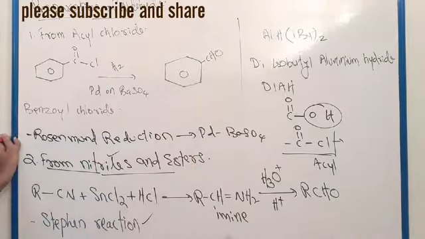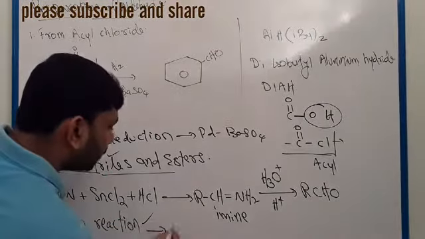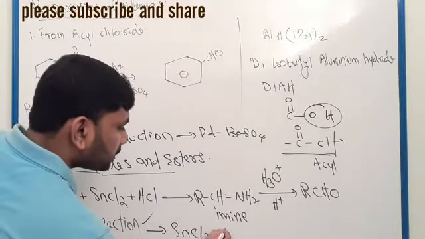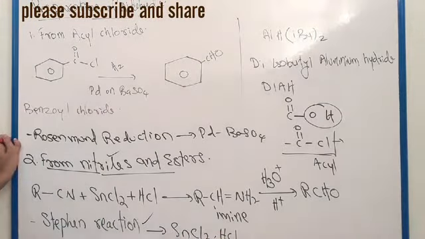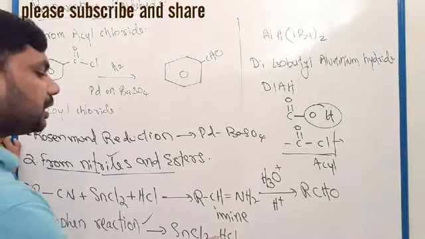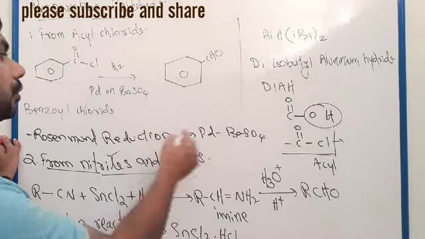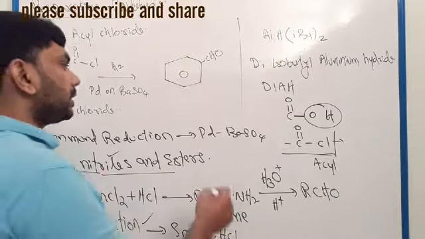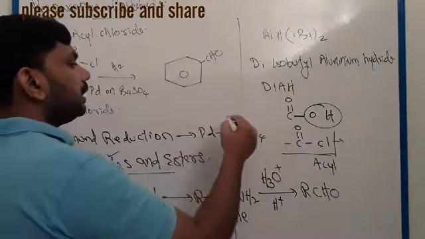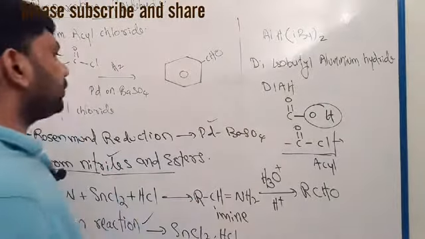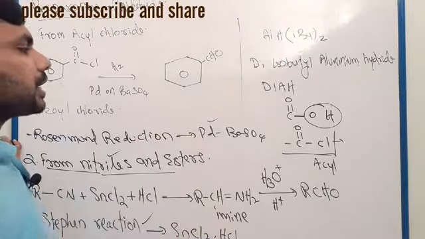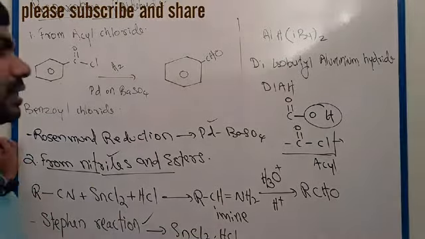For Stephen reaction, you have to remember SnCl2 and HCl. For Rosenmund reaction, the reagent or condition for this chemical reaction is palladium and barium sulfate.